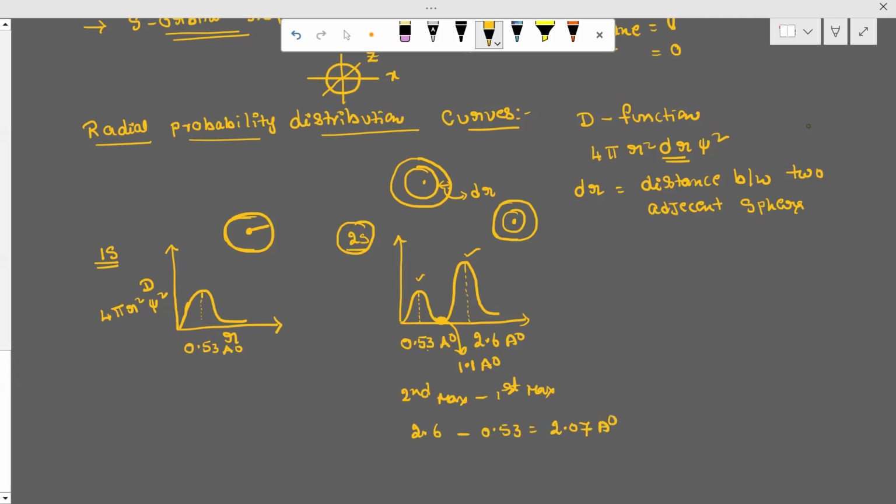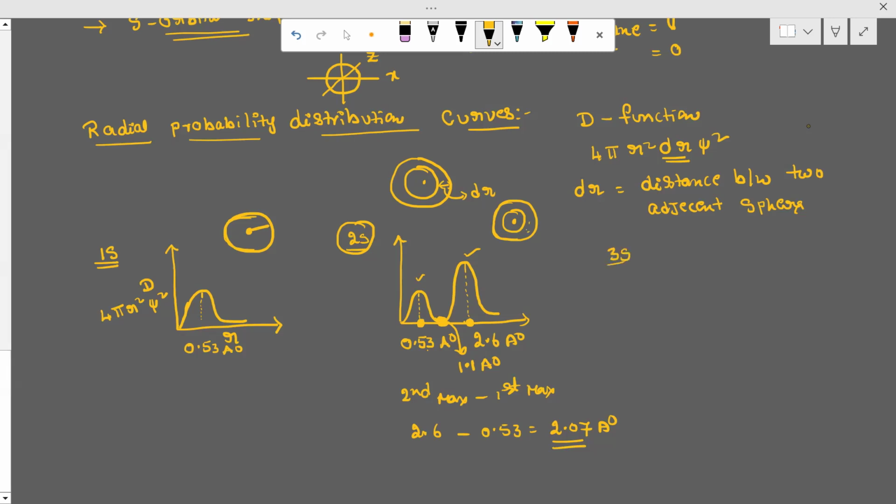From this point to this point the distance is 2.07. And wherever the value is 0, that is called the nodal region. So this region is the nodal region.